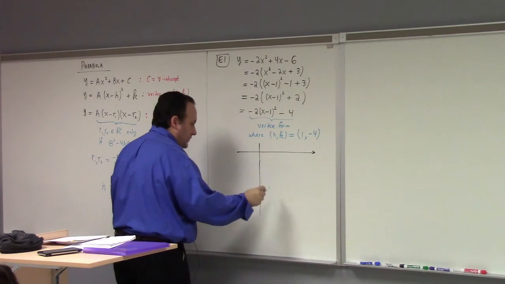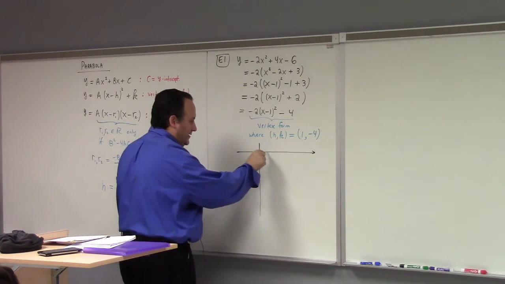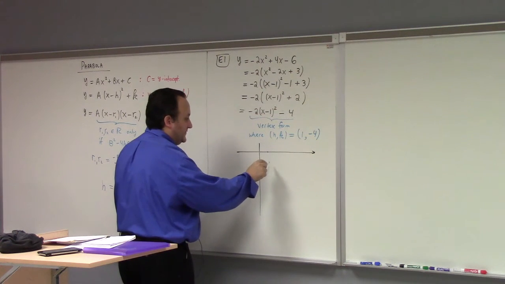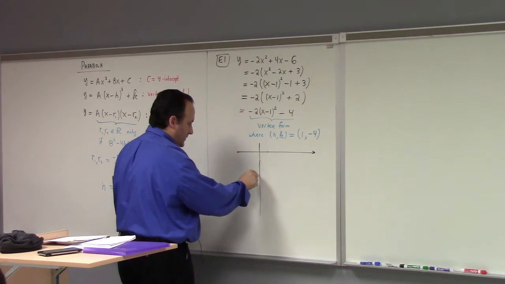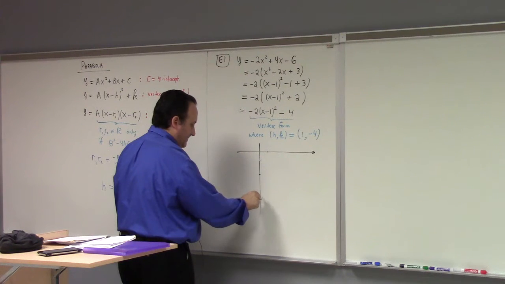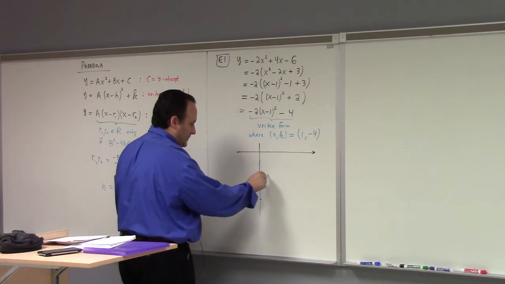So, let's see here. The vertex is at 1, comma, minus 4. Like here, all right?